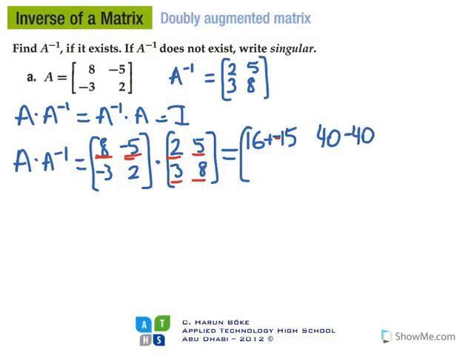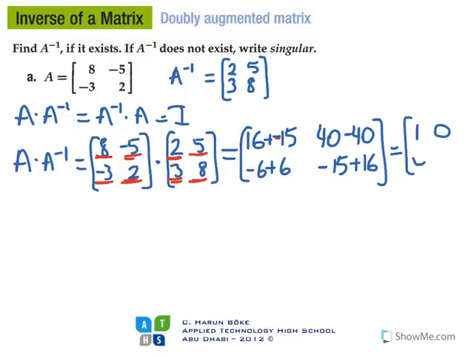And we'll have minus 3 times 2, which is minus 6, plus 2 times 3, which is 6. And here as the last entry, minus 3 times 5 is minus 15, and 2 times 8 is 16. So if you do the additions and subtractions, we will get 1, 0, 0, 1.